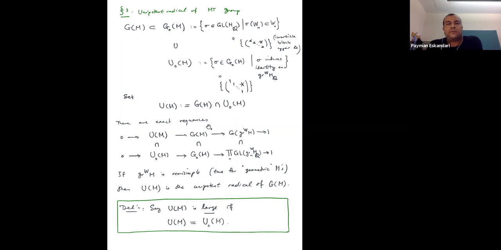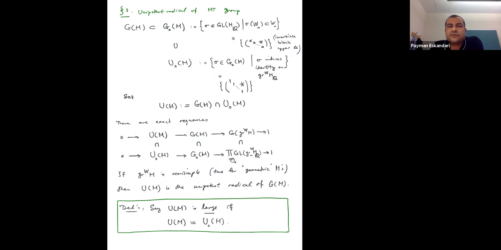Now we have a diagram like this. G sits inside G naught, these invertible upper triangular matrices, and by restricting to the diagonal, you get a map into the product of GLs of the associated graded parts. Inside this, you have the Mumford-Tate group of the associated graded of M, and the map factors through that.